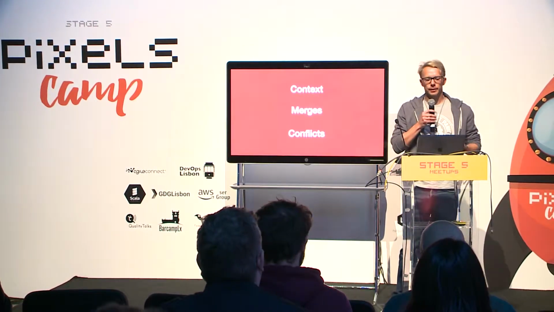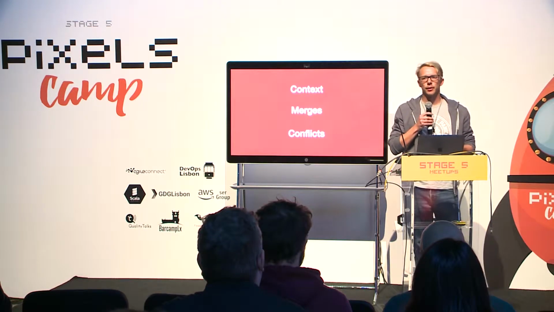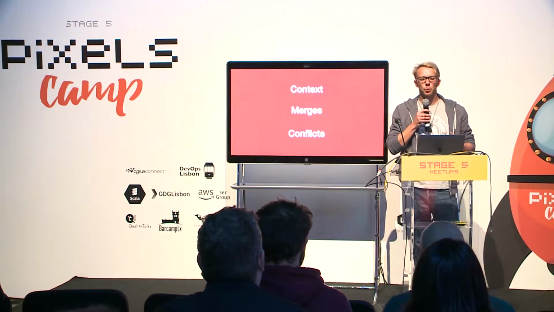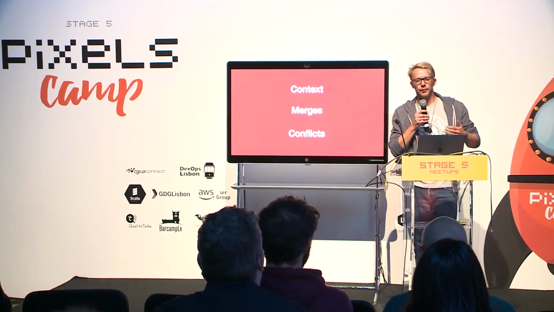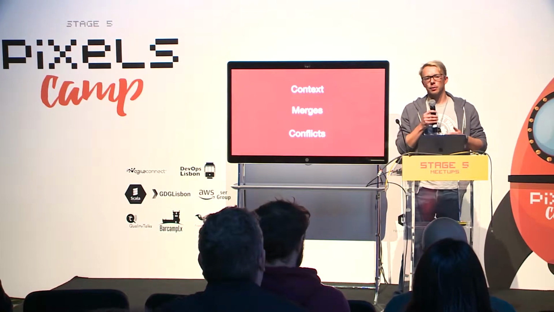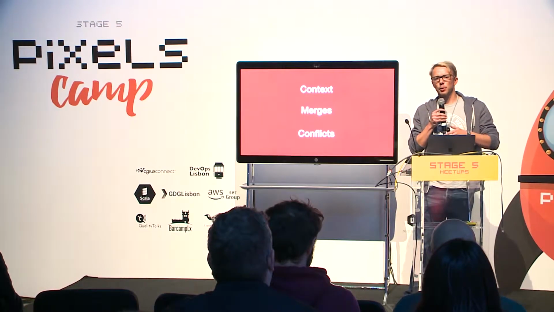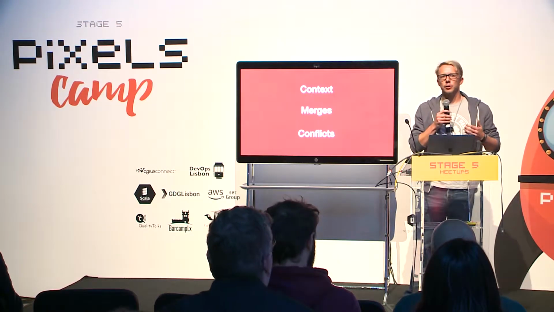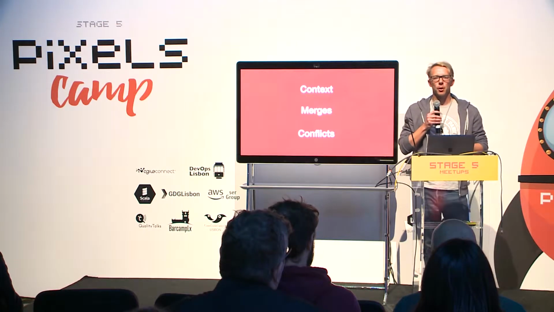Because these pull requests sit there for a long time, we waste a lot of time just updating them, and getting back in. So after a week, when the pull request was opened, you sort of forget all the little details that you knew when you opened it.